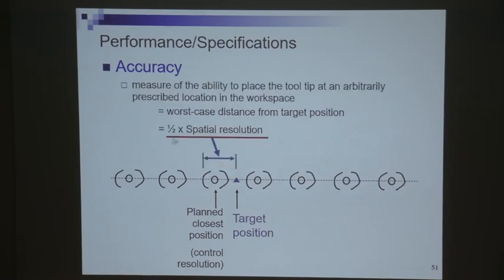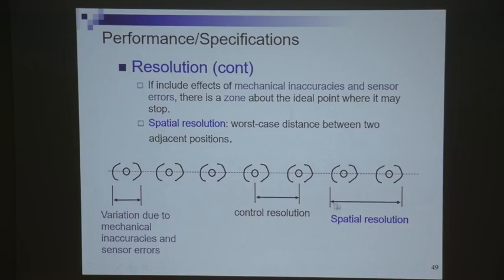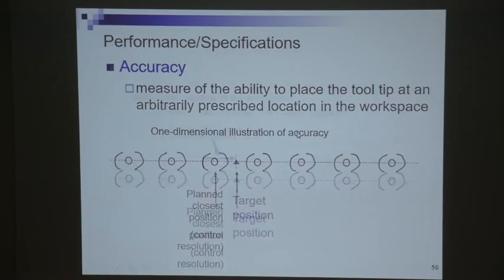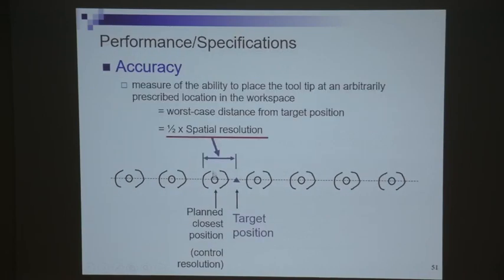How do you measure the accuracy? Your accuracy will be equal to the worst case distance from the target position, which is equal to half times the spatial resolution. So this is the spatial resolution, and half times the spatial resolution from the target position will give you the accuracy.